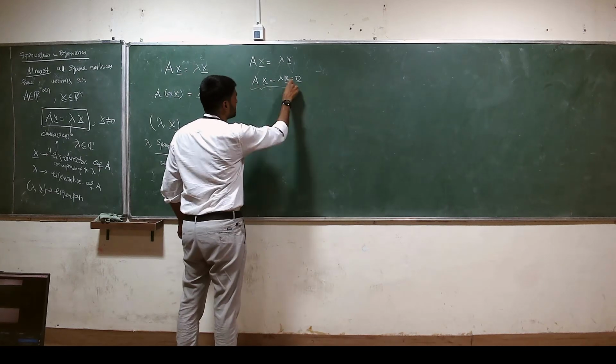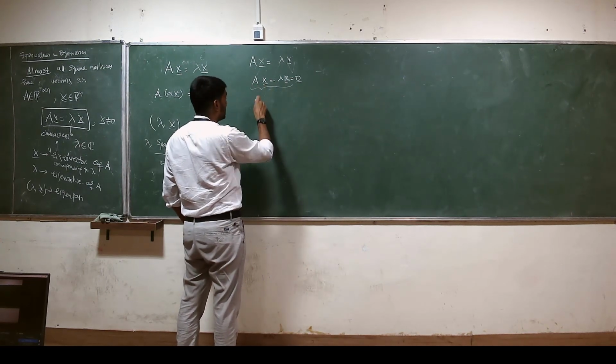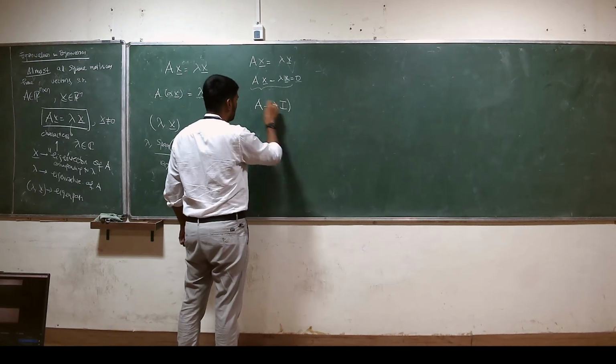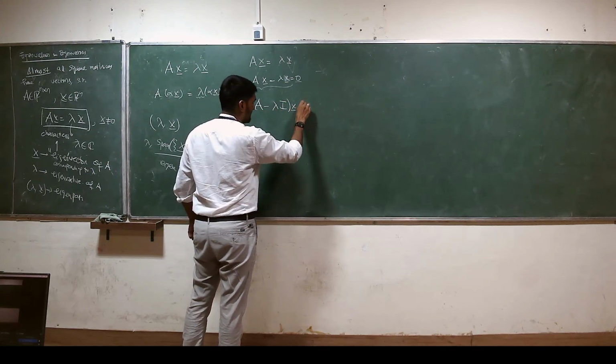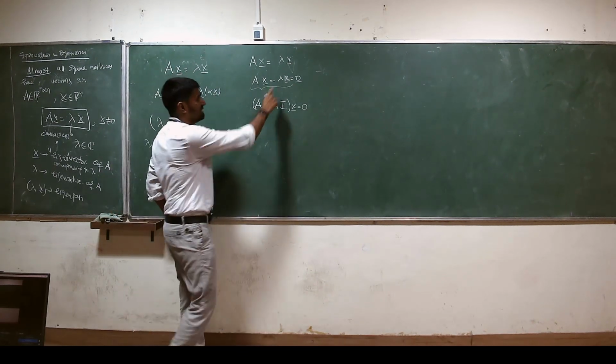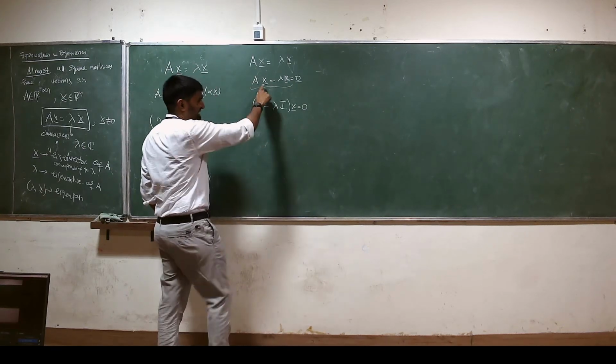This is some vector minus some vector, and this vector is A times X. You can write it as A minus lambda times I, times X, equals 0. You can verify that you can actually write it like this. You can write X as I times X, then you simply take X out.